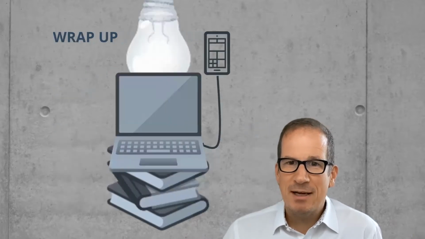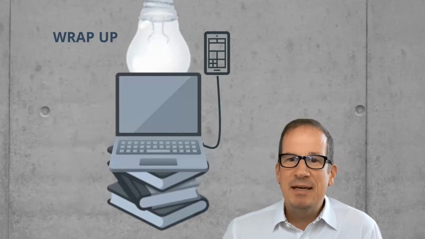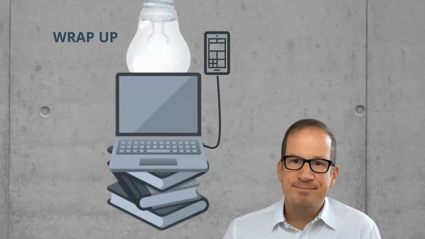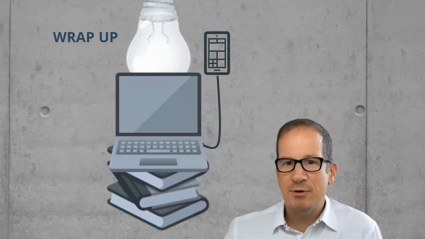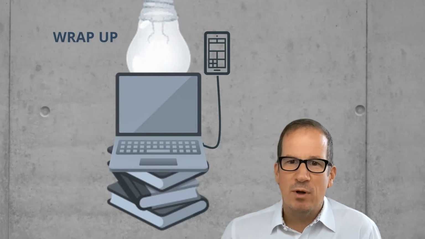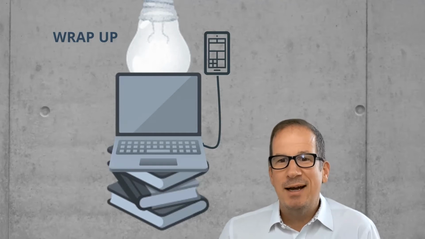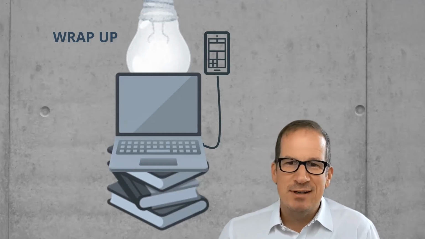So wrapping up, you need light from behind your computer, from behind your camera. And if you really want to improve the quality, you can attach an old phone with a cable to your computer and use it as a professional camera.